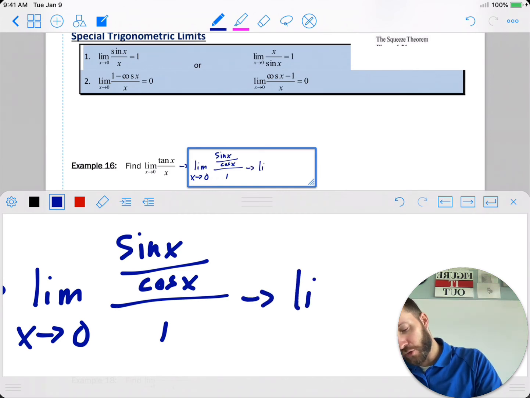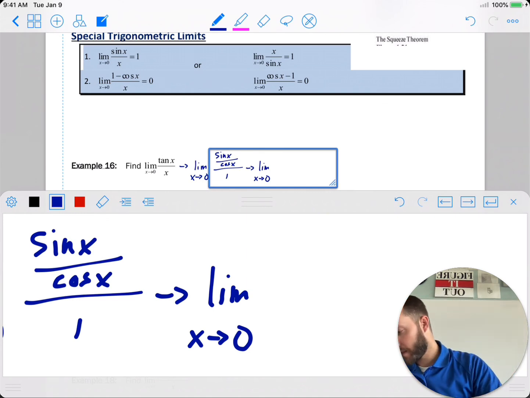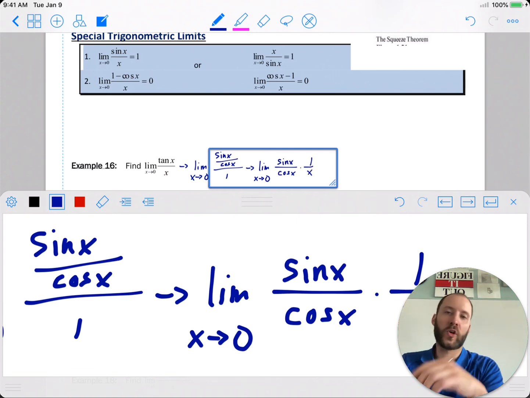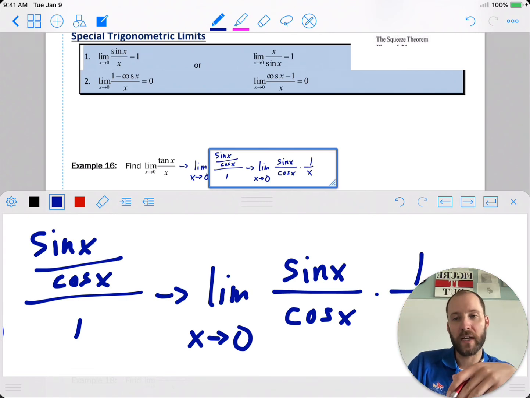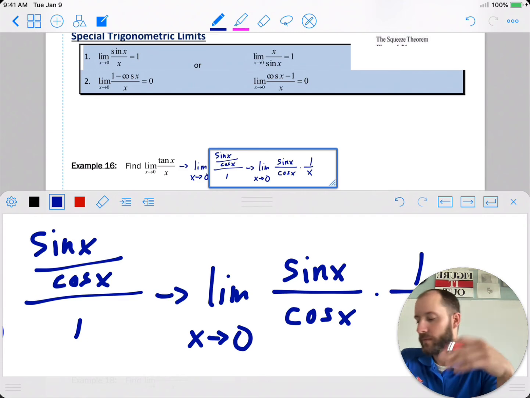And then through some algebraic manipulation, sine over cosine over 1 is the same as sine of x over cosine x times 1 over x. Okay, so dividing by 1, same as multiplying.